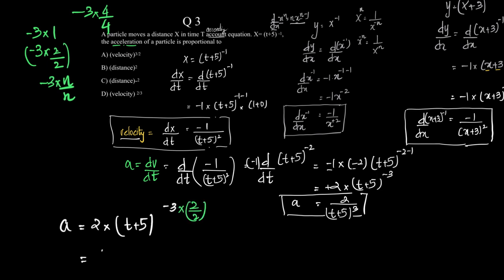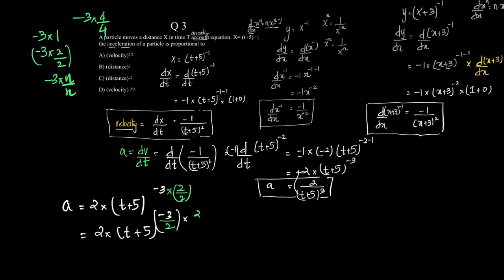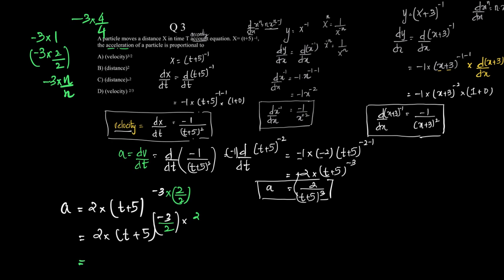Okay. Now I'll write this further as 2 into (t plus 5) the whole raised to minus 3 by 2, the whole into 2. Just basic change of fraction. The value remains the same. Further, let's have a look at (t plus 5) raised to minus 3 by 2.